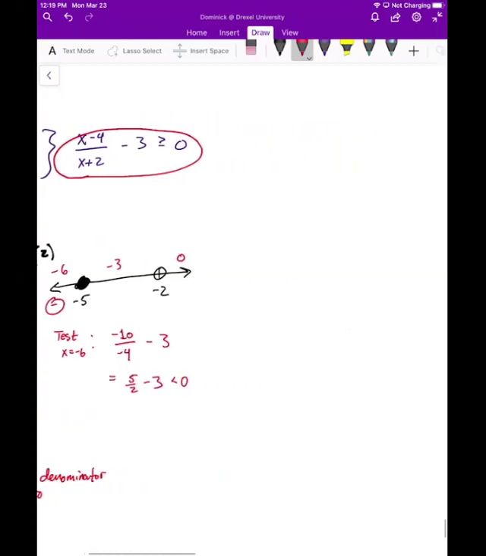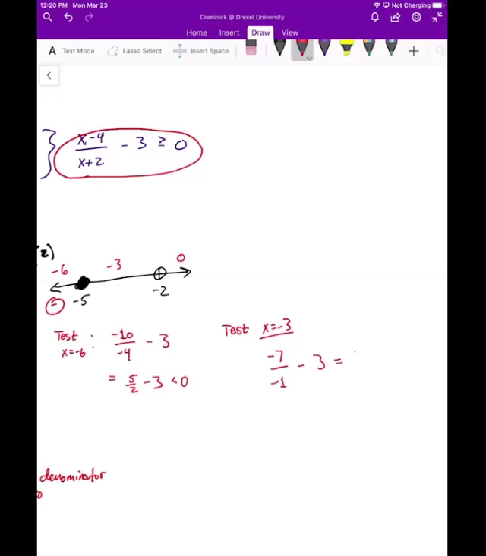Okay, if we plug in -3, we're going to get -7 over -1, right? -3 minus 4 is -7, and -3 plus 2 is -1. And then subtract 3.